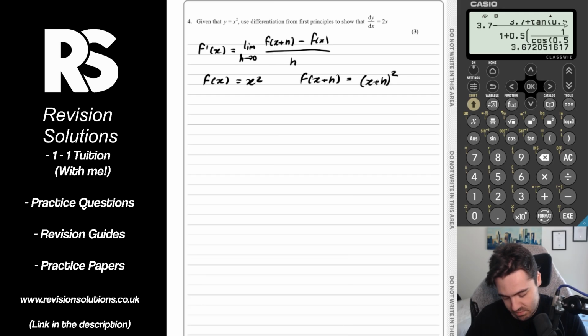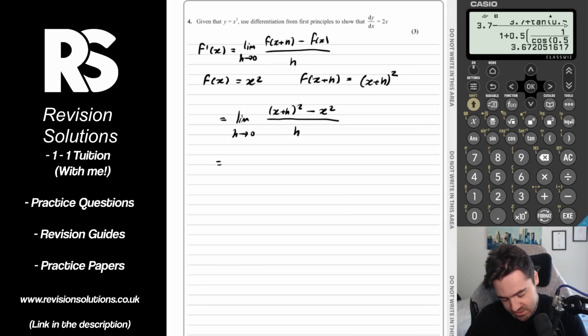Then we can simply plug that into the formula and see what happens. So we'd have the limit as h tends to 0 of x plus h all squared minus x squared all over h.